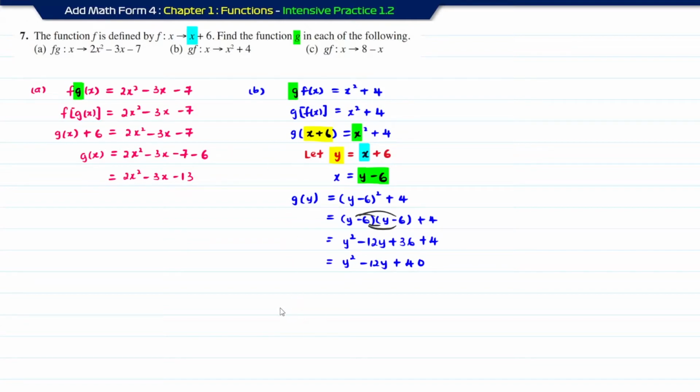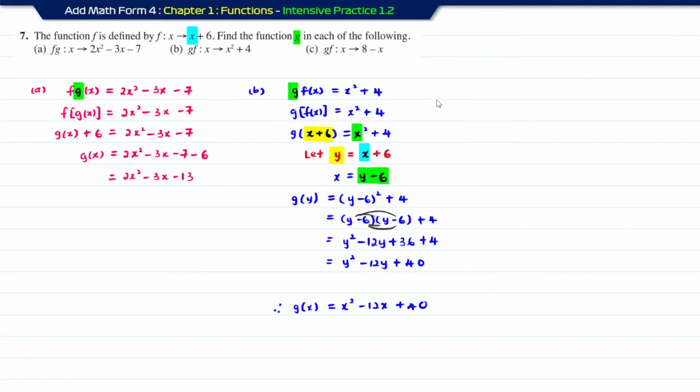If you want to find g with an input of x, then we're going to replace the y that we have here with x as well. So there you have it. This is the function g in the case of B.